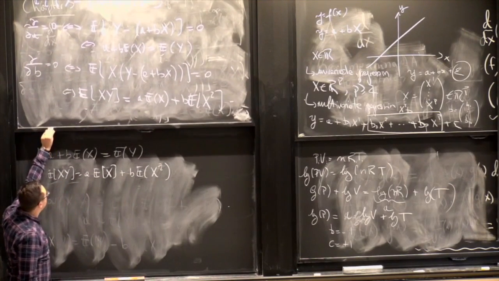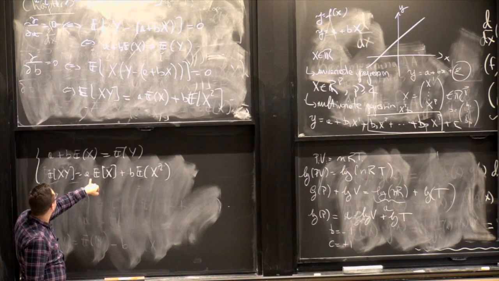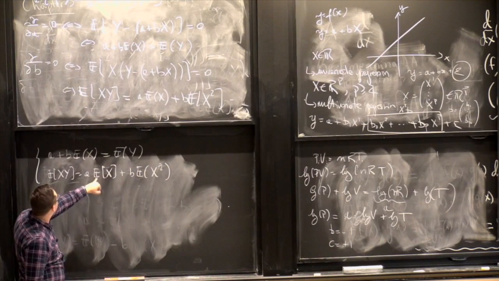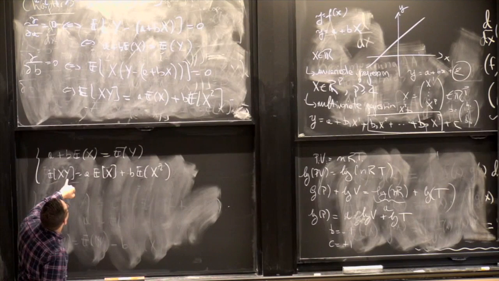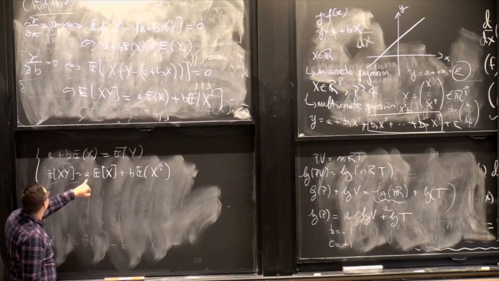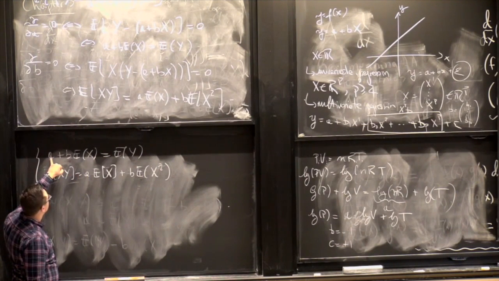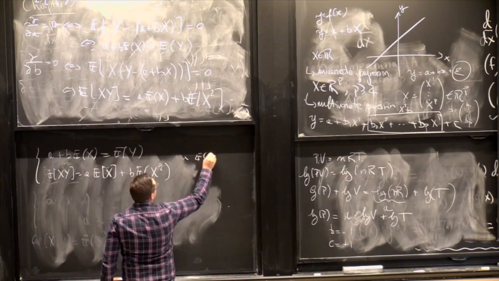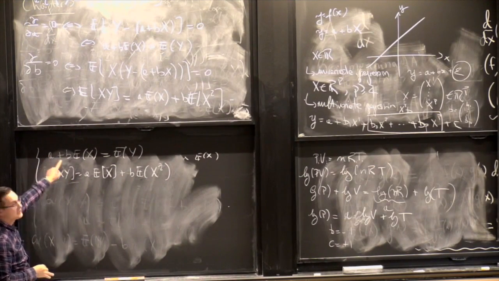And now I want to cancel one of these things, right? So I'm going to take this guy and multiply it by e of x and take the difference. So I do times e of x, and then those two terms are going to cancel.